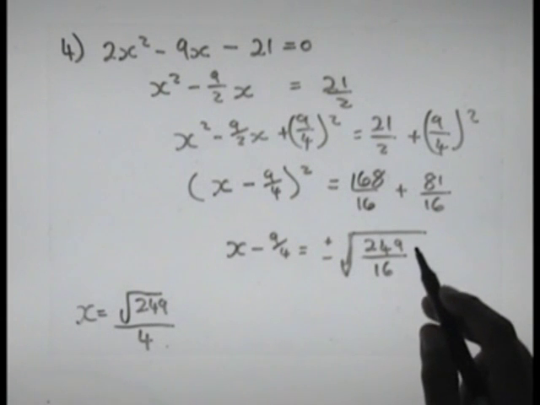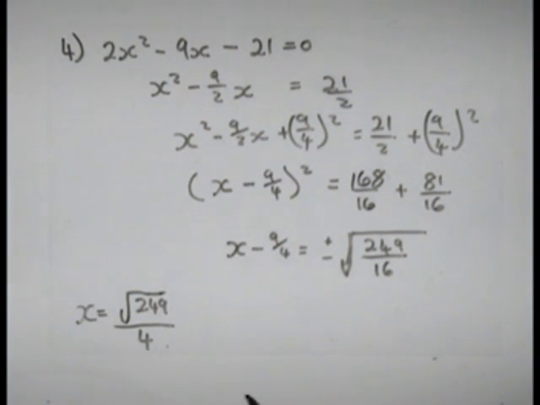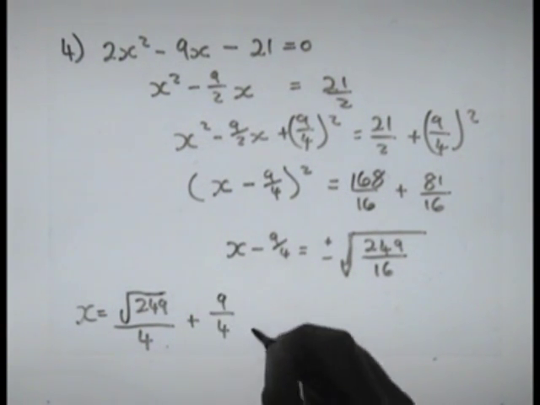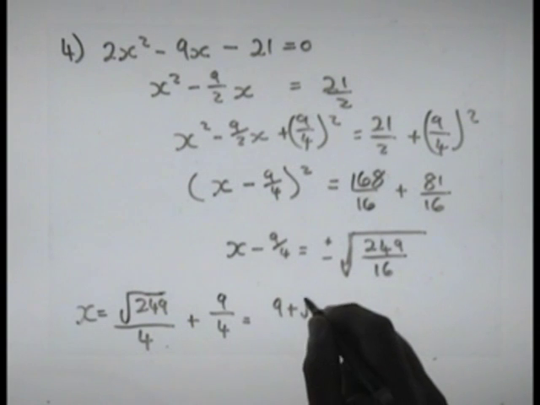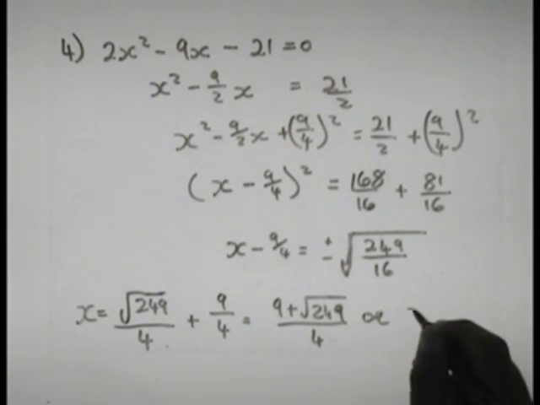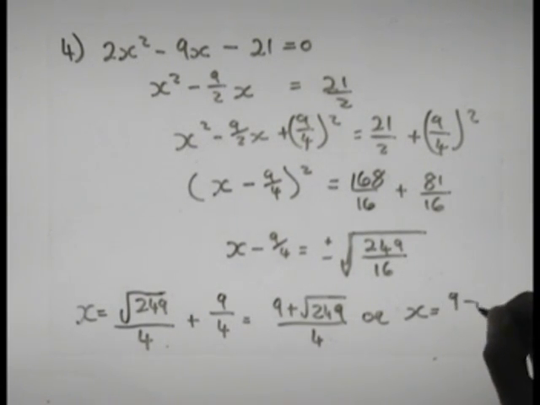Square root of 249 doesn't give us a whole number, so I'm going to just leave it as square root of 249 divided by square root of 16, which is 4, plus 9 over 4, which is equal to 9 plus root 249 over 4, or x is going to equal 9 minus root 249 over 4.